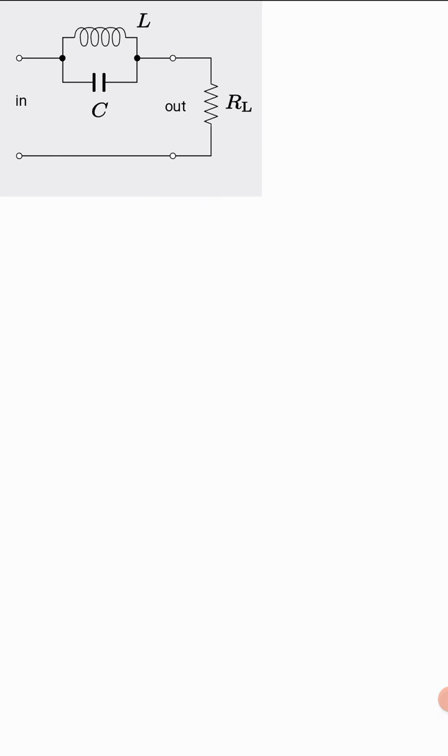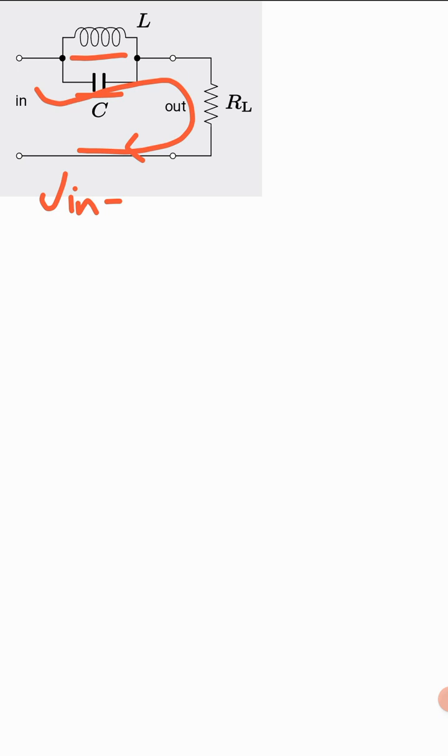For example, you write a KVL in the loop, and that gives you the expression V in minus the current flowing through this effective impedance of L and C multiplied by the value of that effective impedance.